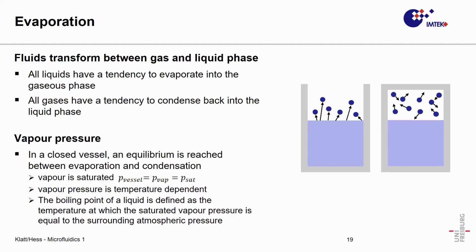This phenomenon of evaporation leads us to the fluid property of the vapor pressure. And to understand the vapor pressure, you can consider a closed vessel, which is imaged on the right-hand side. Here, after some time, an equilibrium is reached between evaporation and condensation, meaning that the same amount of molecules that evaporates from the liquid phase to the gaseous phase is condensing back from the gaseous phase to the liquid phase.